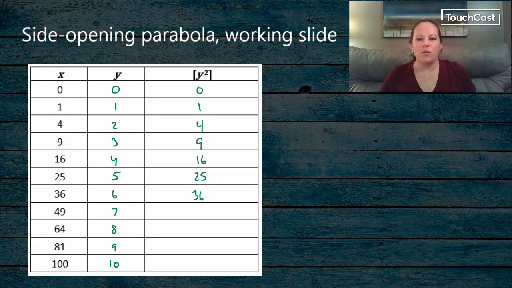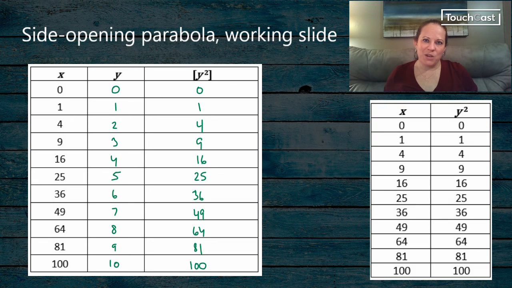And so I hope that you're noticing I am getting a column of values for y squared that is exactly identical to my input values for x. So we should get a straight line whose slope is equal to 1. And there we go.